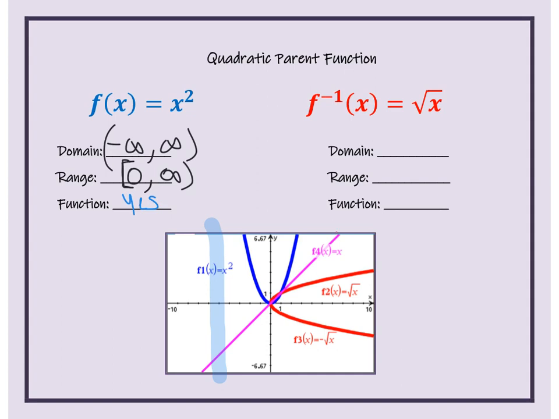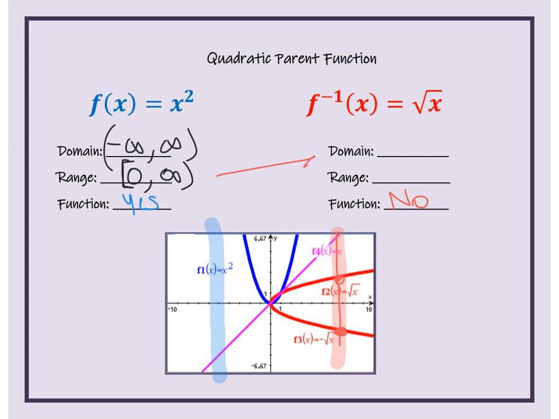What happens when I do a vertical line test right here? Well, I have 2 points that cross at exactly the same time. So this is not a function. Just because my original equation is a function does not mean that the inverse is going to be a function.